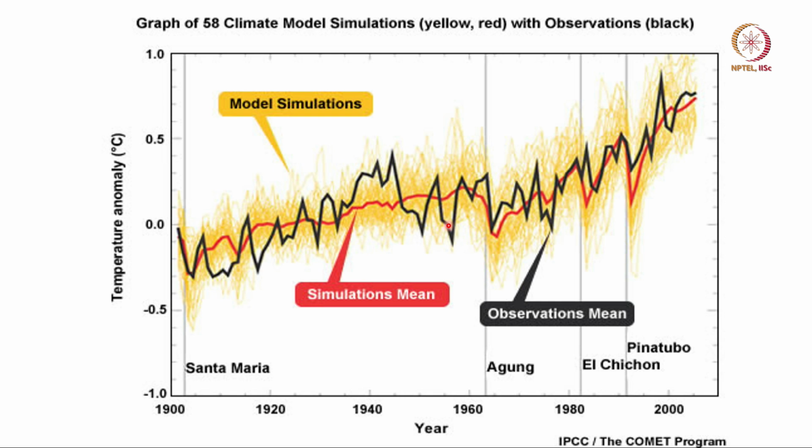So you can see that models are correctly simulating the warming of the last 100 years, but they don't get specific periods correctly.